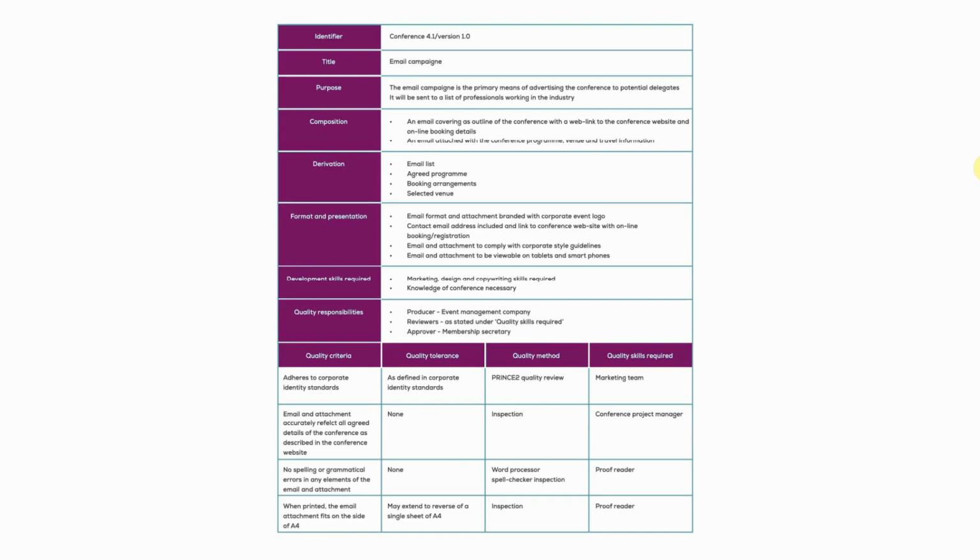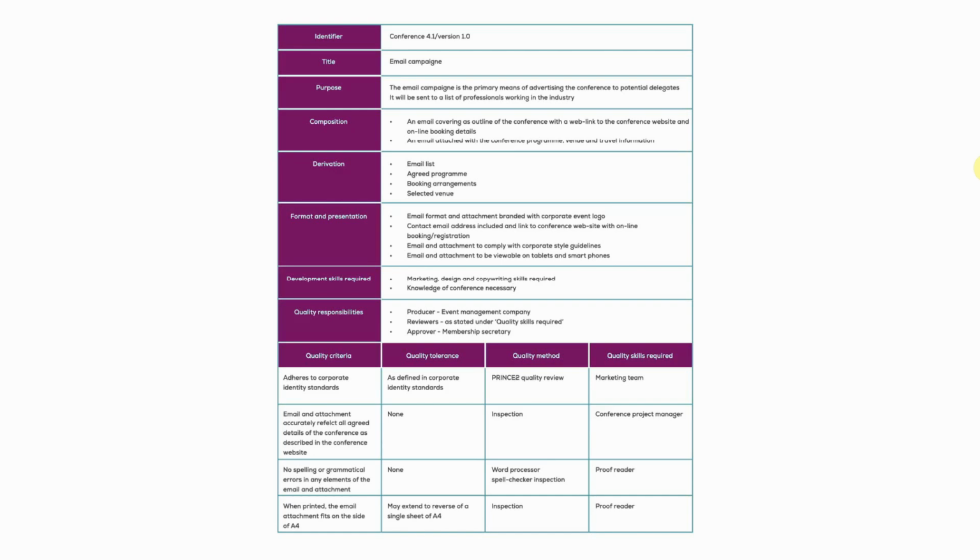It could be 5 different quality criteria. And for each criteria, there will be an associated tolerance. And for each criteria, there'll be an associated quality method. And for each criteria, an associated quality skill required to execute the method, for example. So seeing it in this tabulated format just kind of brings that home a little bit.